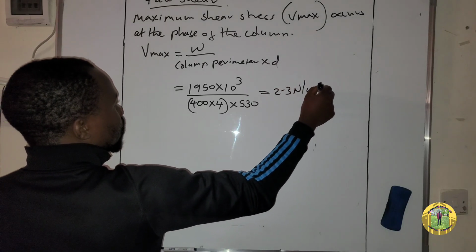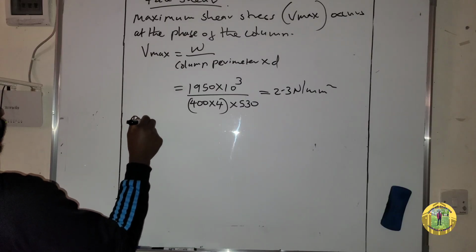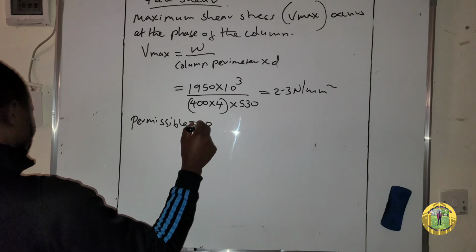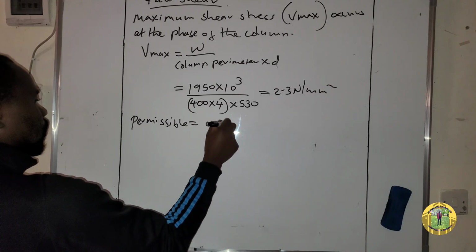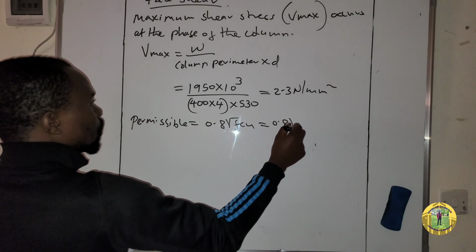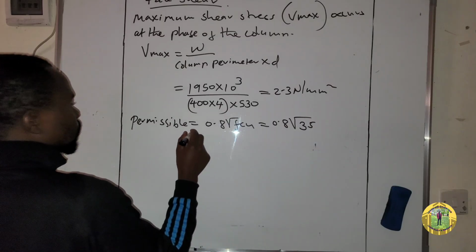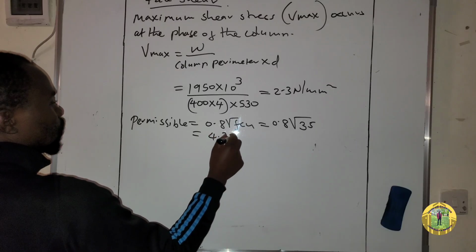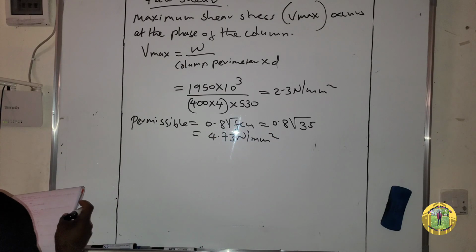Newton per millimeter square. And remember the permissible stress is equal to 0.8 square root of fcu. So this is 0.8 times square root of 35, which is equal to 4.73 Newton per millimeter square.